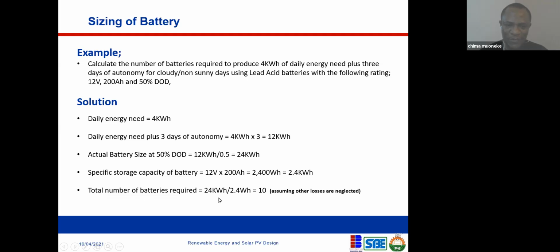So all we need to do is to divide 24 by the specific storage capacity of the battery, which is 2.4 kilowatt hour. Once we do that, we're going to have 10 batteries. So we need 10 batteries of this capacity. We need 10 12-volt, 200 amp hour batteries to be able to support those loads for 3 days.